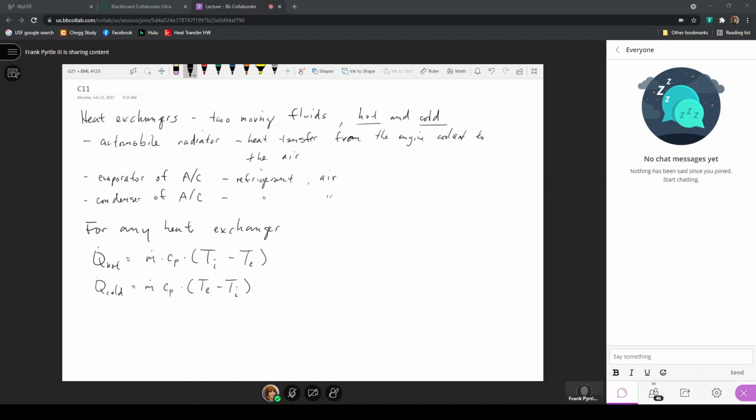But now we also want to consider, what is the heat transfer rate for the exchange of heat? All the heat that is lost by the hot fluid is gained by the cold fluid, but how does that actually happen?